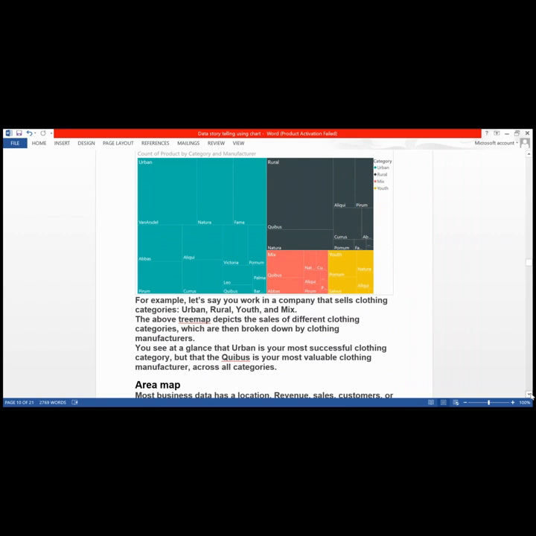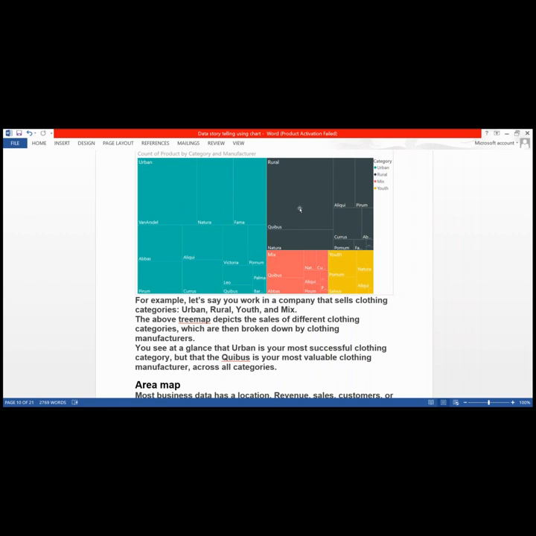Now you can see that urban is the most successful clothing category. You can see them here, 1, 2, 3, 4, 5, in urban. But in rural, this is the most valuable clothing manufacturer because people patronize this particular manufacturer most across all categories.